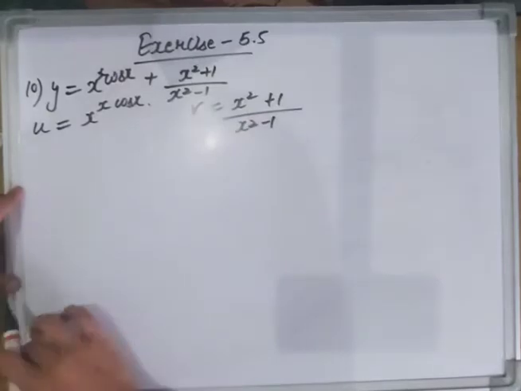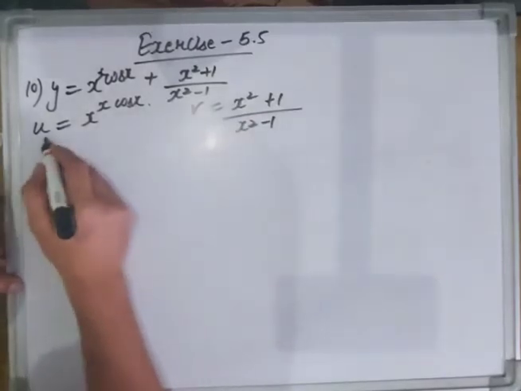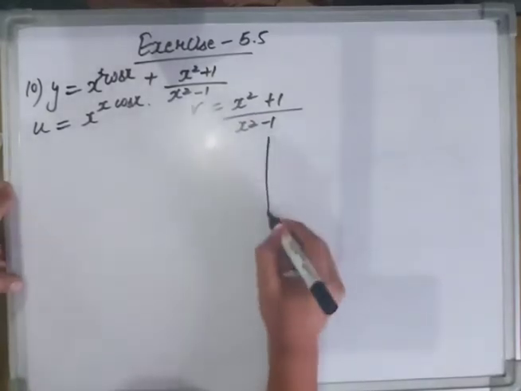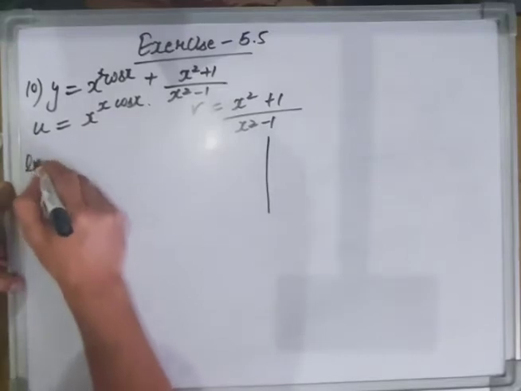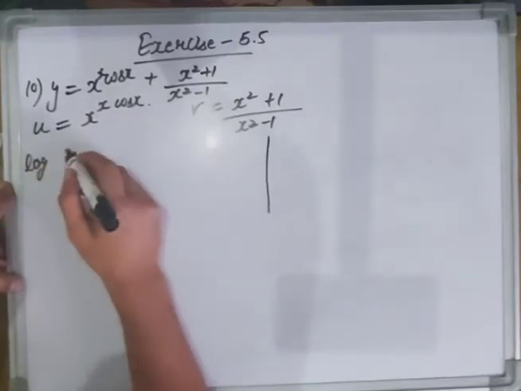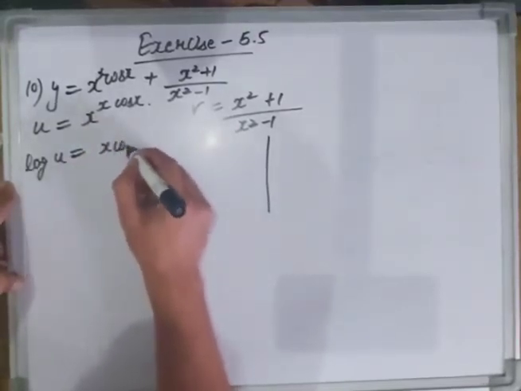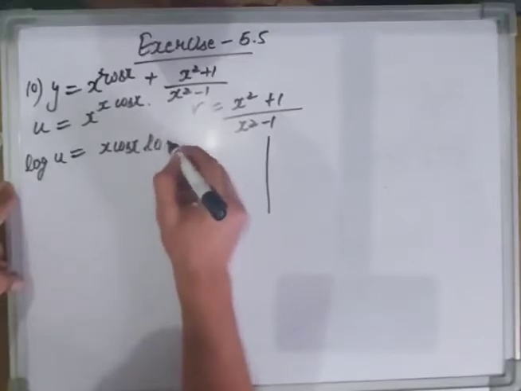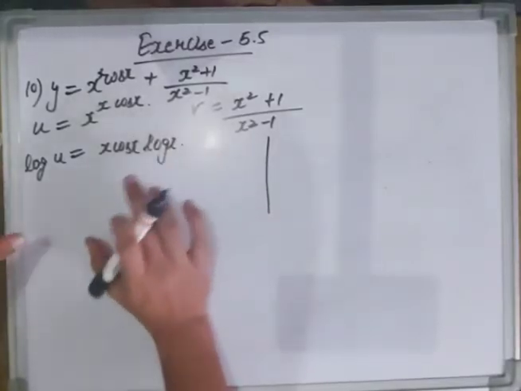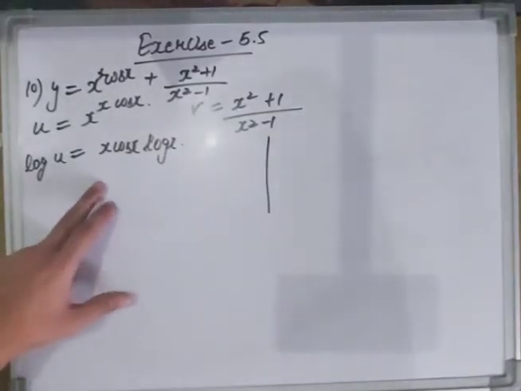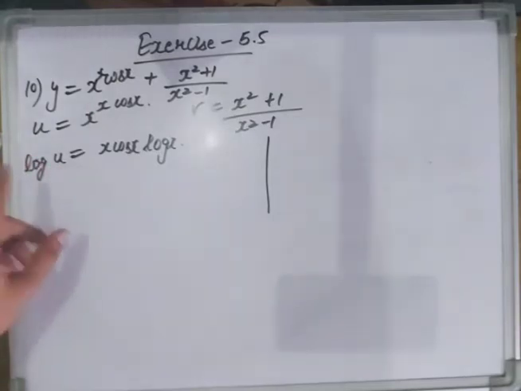One by one. Okay, taking the log both sides, we have log u equals x cos x log x. I'm straightly doing these questions because we have already done step by step in the previous question.